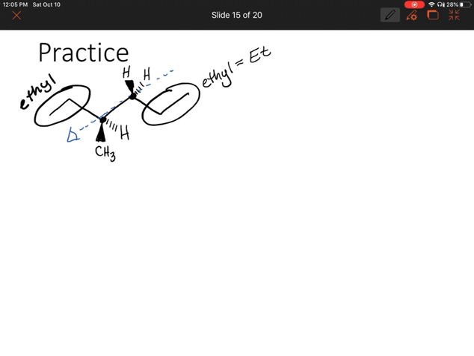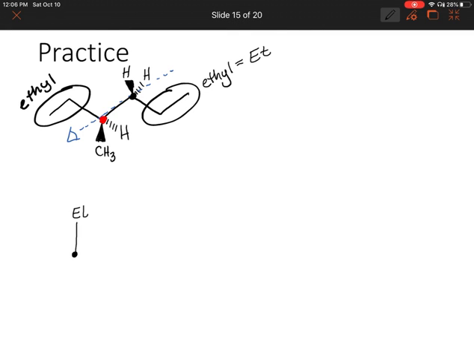Okay, so let's draw the staggered conformation for this molecule the way I drew it up above. So we're going to start with our front carbon. All right, so that again is this carbon here in red. So let's draw the ethyl group coming up.